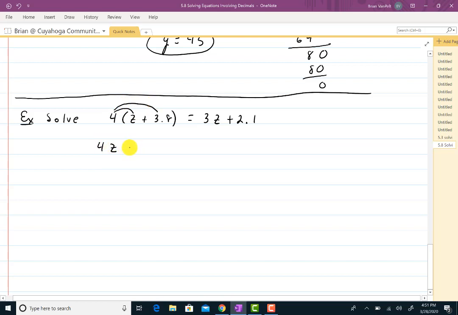I have 4z plus 4 times 3.8, and I'll do that off to the side. So 4 times the 8 is 32, put a 3. 4 times 3 is 12, plus 3 more is 15. And I have a total of 1 decimal in the problem, so that makes this 15.2.